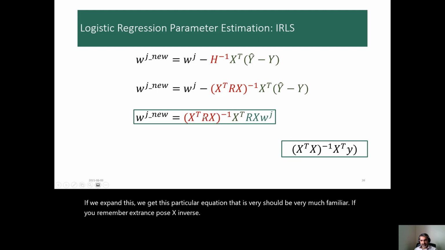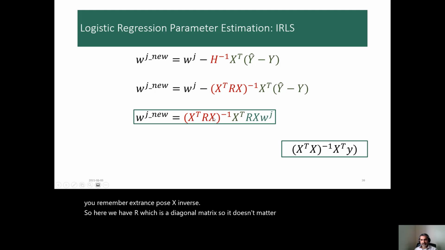So here we have R, which is a diagonal matrix, so it doesn't matter. The output is X transpose X because these have only diagonal terms. Others are 0. The weight matrix. So X transpose X inverse, X transpose Y.